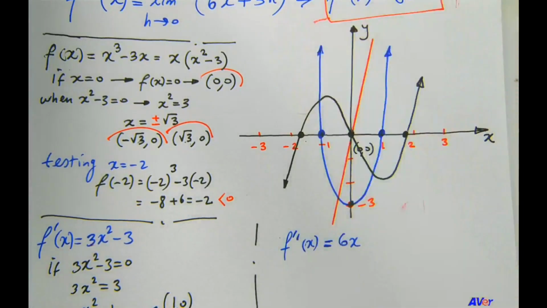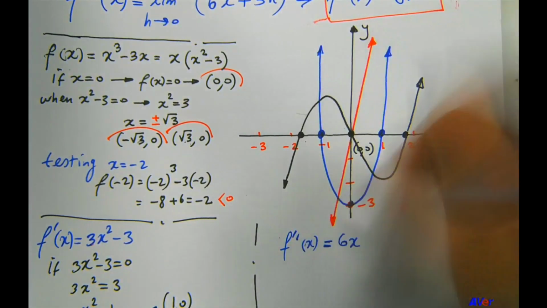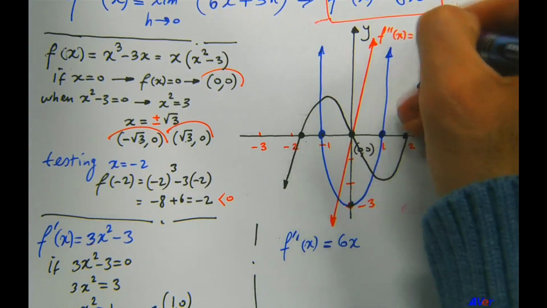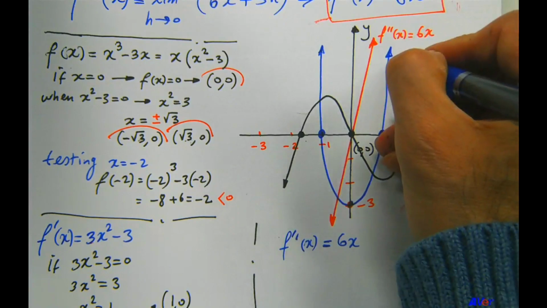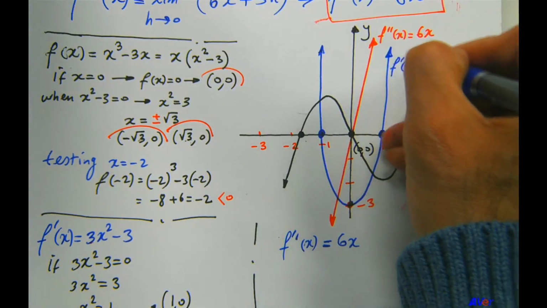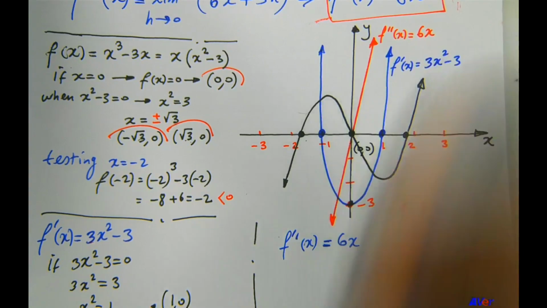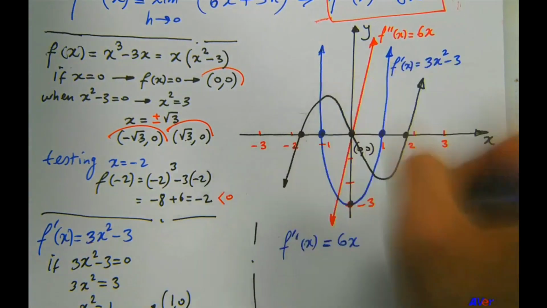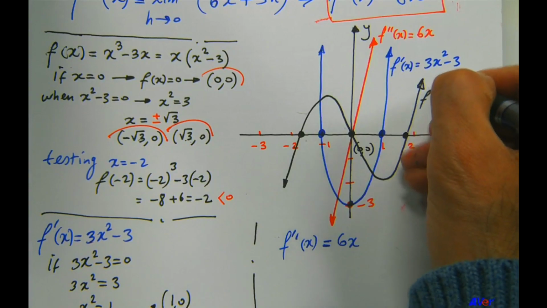Okay, like that. So this is f double prime of x equals 6x. And this is f prime of x equals 3x squared minus 3. And this, of course, the black line graph here, is the original function, sorry.